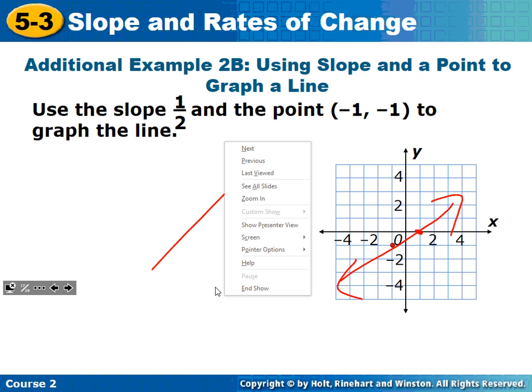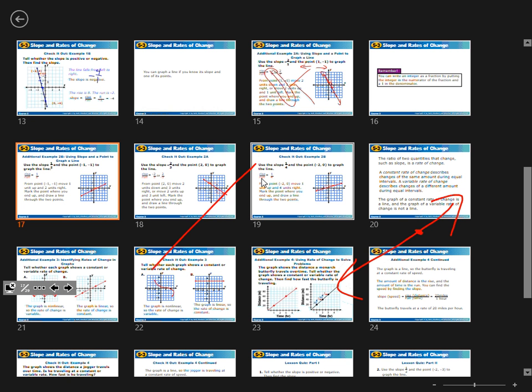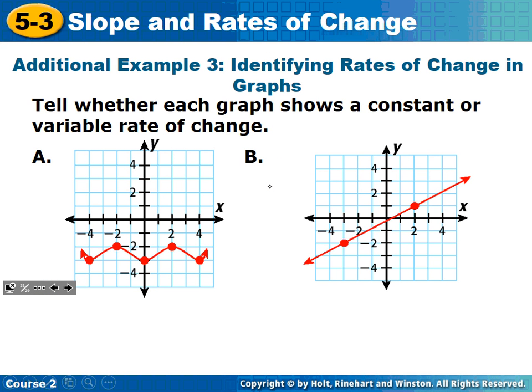Last thing I want to show you is rate of change. Pretty obvious. Gracie, determine which graph is one that's constant and which one's the one that changes. Yeah, A would be the one that changes.